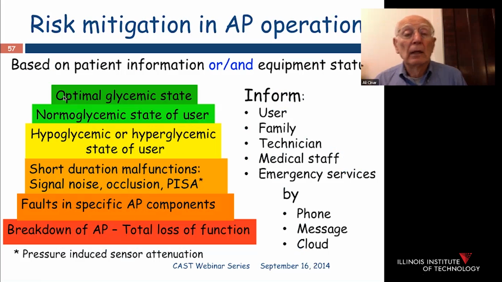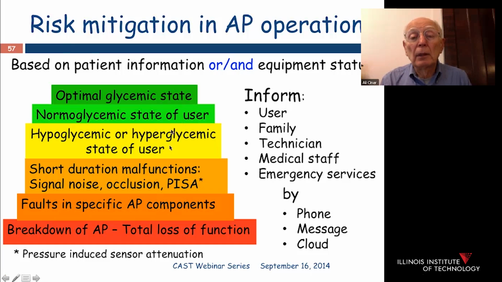But we know that in real life, especially with patients who are doing a lot of activities and changing their meal times, meal contents, the normal glycemic range of 100 to 180 would be desirable. But then things start getting more dangerous. There could be hypo or hyperglycemic states of the user.